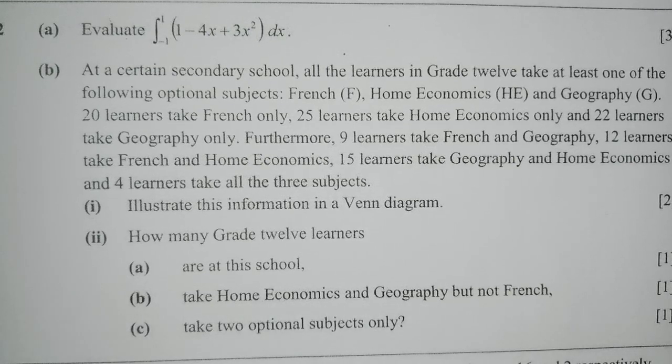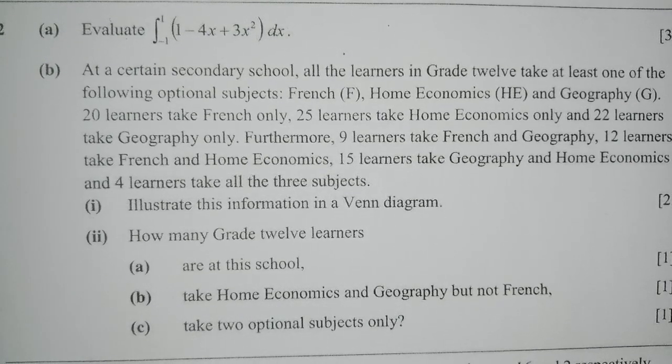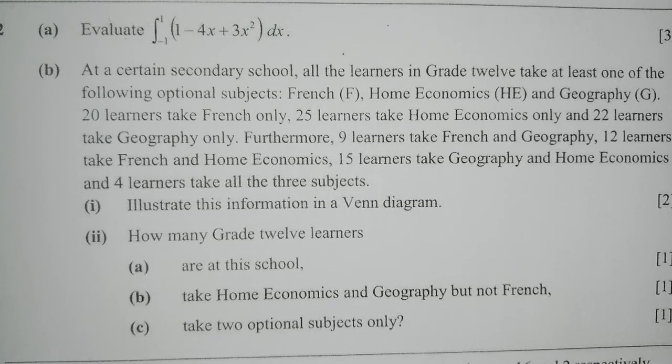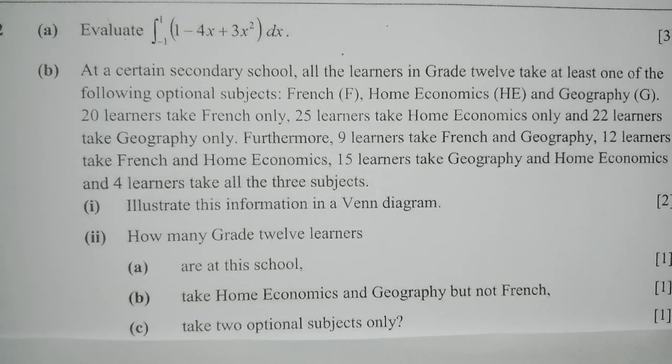So our next question here, we need to gather data. They're saying a certain secondary school, all the learners in grade 12 take at least one of the following options or optional subjects.